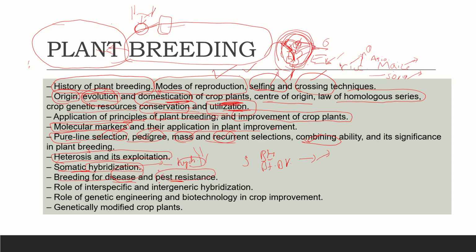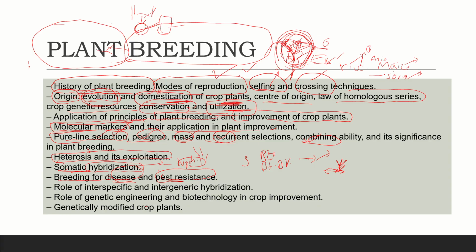And pest resistance also, for example, rice. The stem borer is a common pest here, which sucks the liquid content out of the plant.